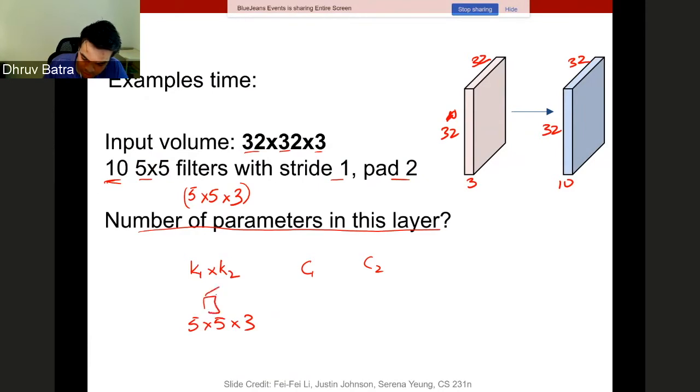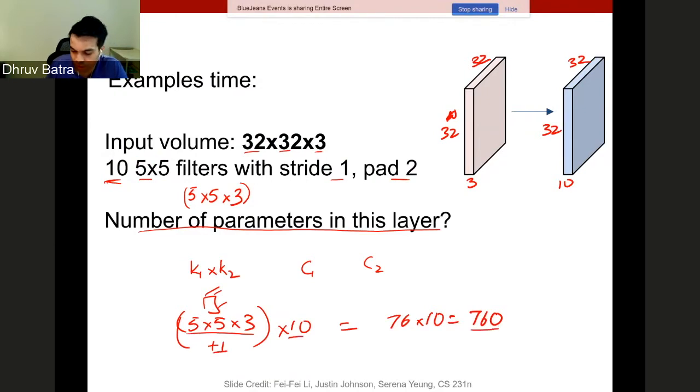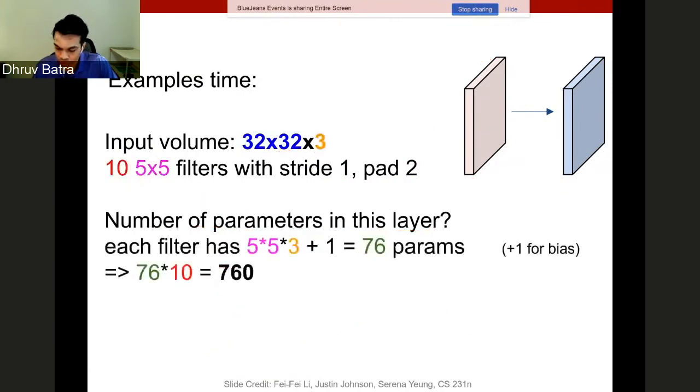Those are your filters, right? But you also have a bias, and there's 10 of them. And that's what gives you, in this case, 76 times 10 equals 760. There is one bias corresponding to each filter, obviously. There's 10 filters, and that's why you have 760 total parameters. Okay, so plus 1 for bias. All right.